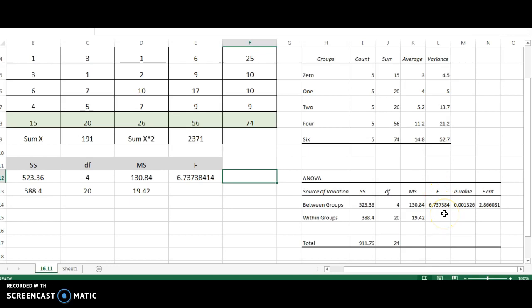But an example here: if you're running a significance level of 0.05, or an alpha level of 0.05, you compare this p-value. If this p-value is greater than your alpha, then there's nothing more you need to do. You can say that the evidence does not indicate a significant difference, so we're going to retain the null hypothesis. But in this case, the p-value is less than our alpha. 0.001 here is pretty significant.